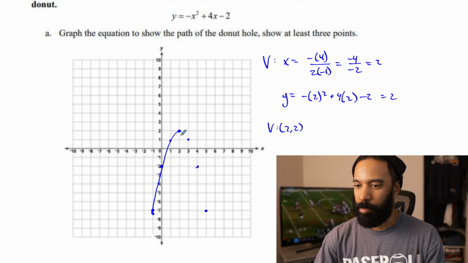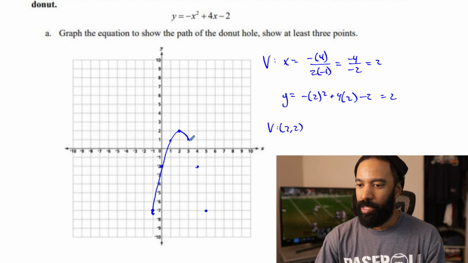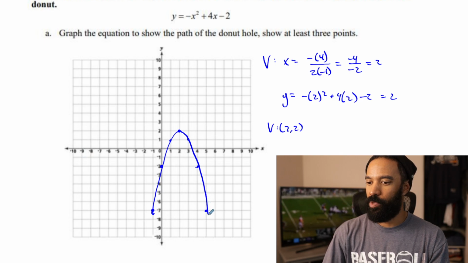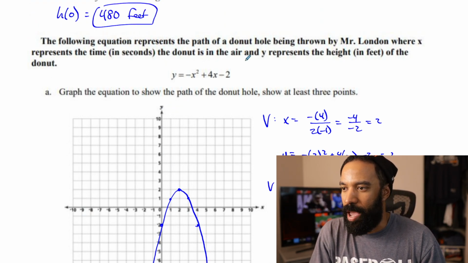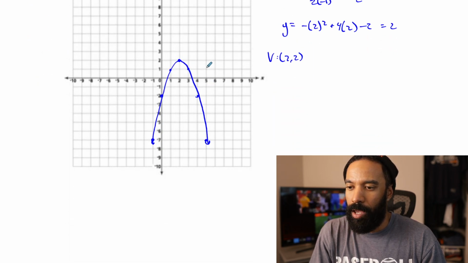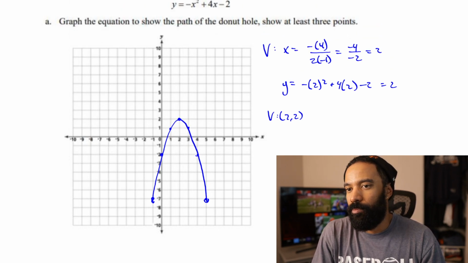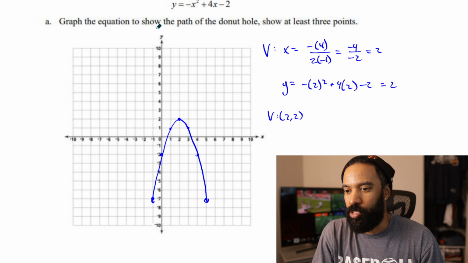Now, is that all they asked for in the problem? Oh, you know what I'm also going to mention with this? The equation represents the path of the donut hole being thrown. Now, they're asking us to draw this graph, but guys, I'm going to be a little more particular about this and say that word problems have a different thing when it comes to domain and range.